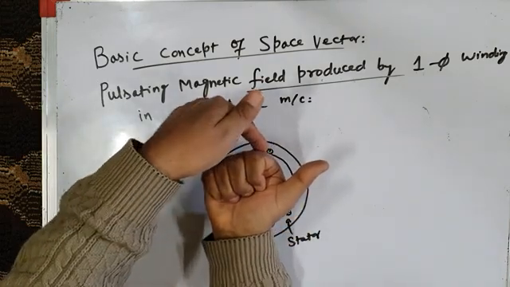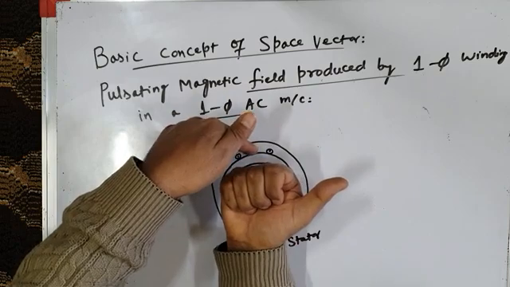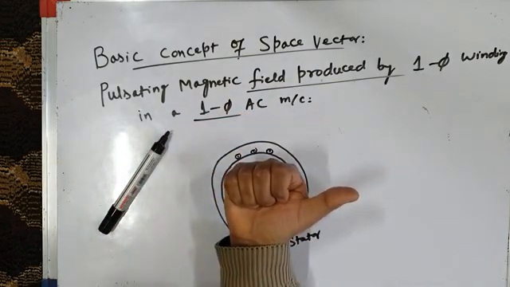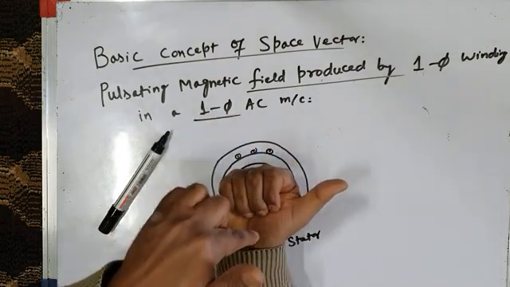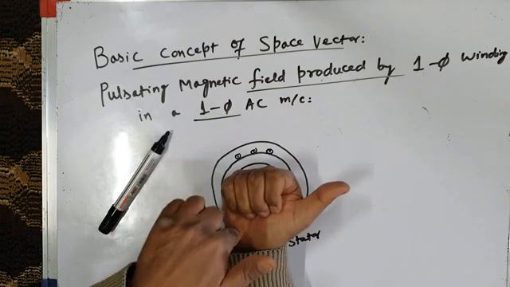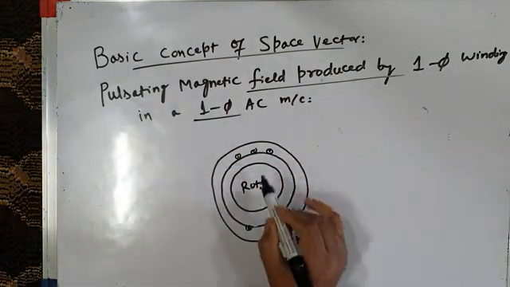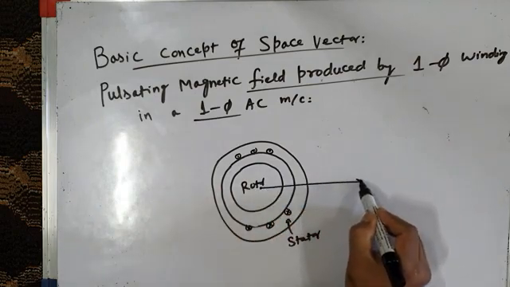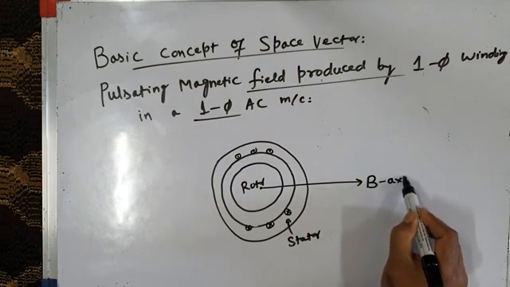So the fingers show the currents coming out of these coil sides and going into these coil sides. Then the thumb will show the direction of the magnetic axis, or direction of the magnetic field. So this is the magnetic field axis, the B axis.